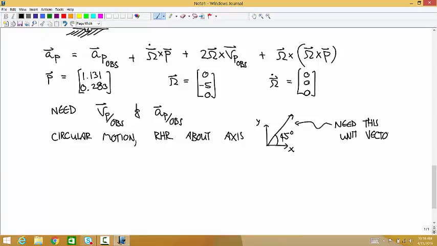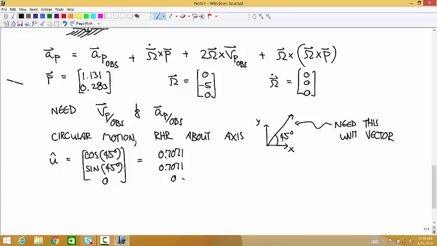So what's the unit vector in that direction? Yeah, right, exactly. Just use cosine and sine for that. We have that angle. So cosine of 45 degrees, sine of 45 degrees, it's 0 in z. So we just have 0.7071, 0.7071, 0.